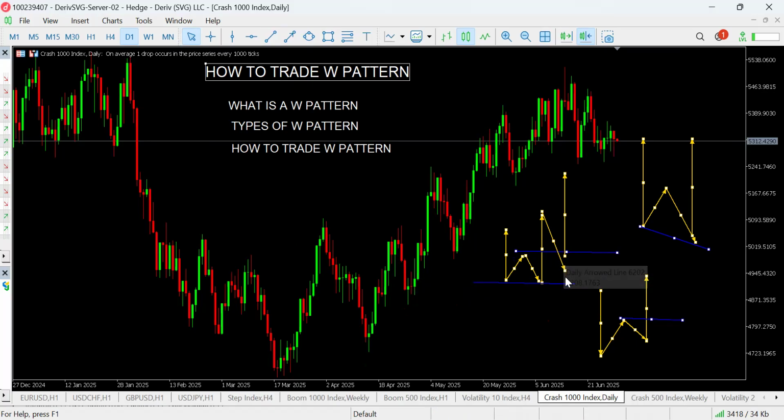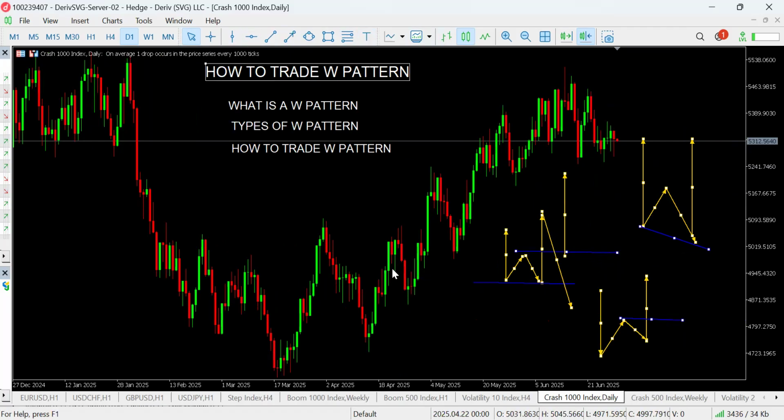Now, the point I'm trying to make is that this pattern remains valid until price breaks below this double bottom mark, maybe makes a retest and then continues downwards. So now let's look at the price chart proper for examples of this pattern.